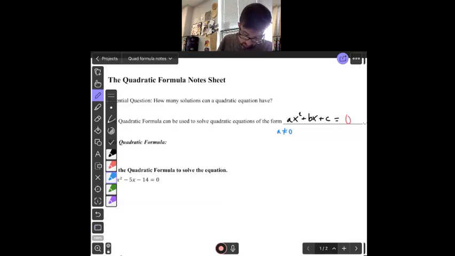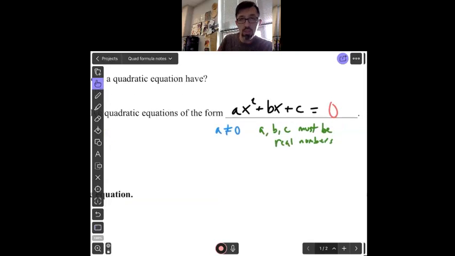You silly goose. And then a, b, and c need to be real numbers. We were just talking about imaginary numbers the other day. So if you had an i in here, then you wouldn't be able to do this. So there are a couple restrictions on what a, b, and c can be, but real numbers is a pretty broad category.